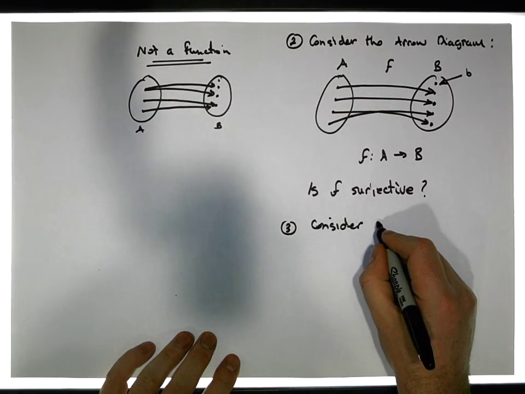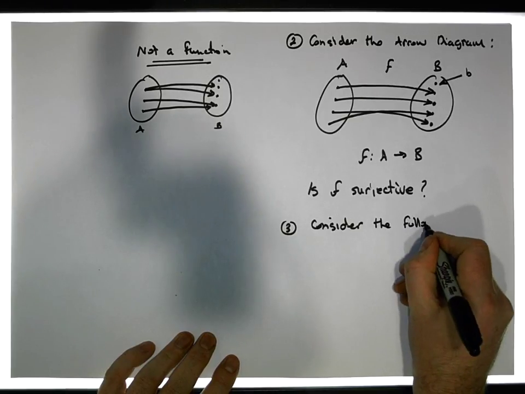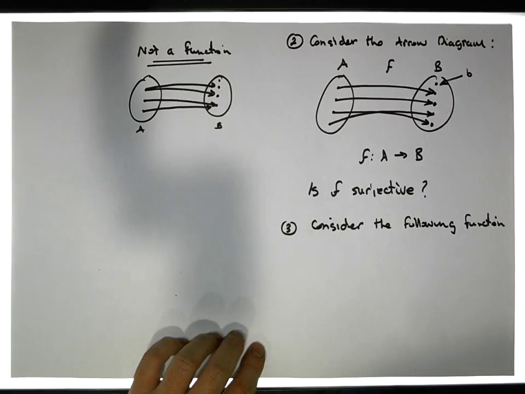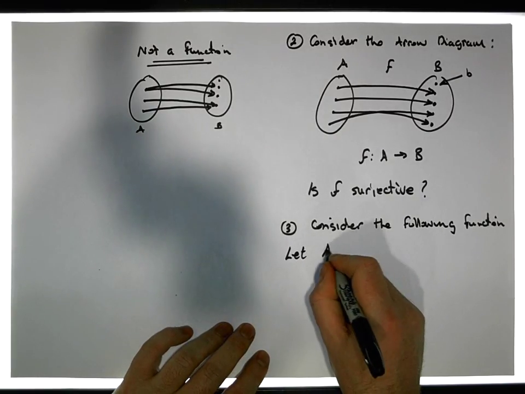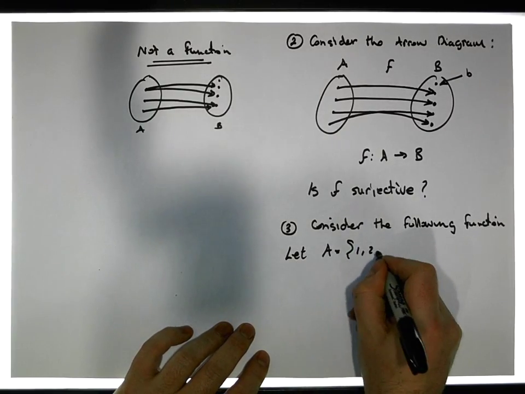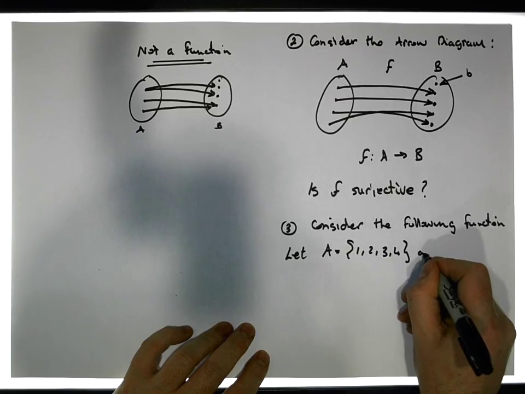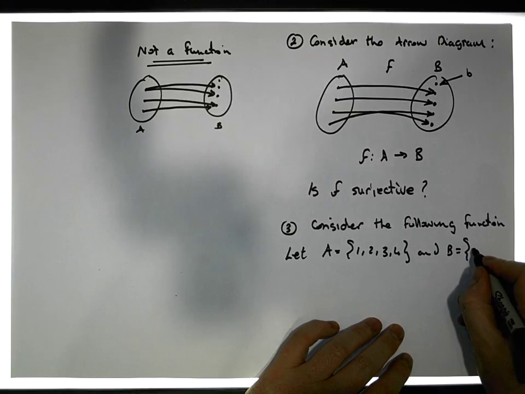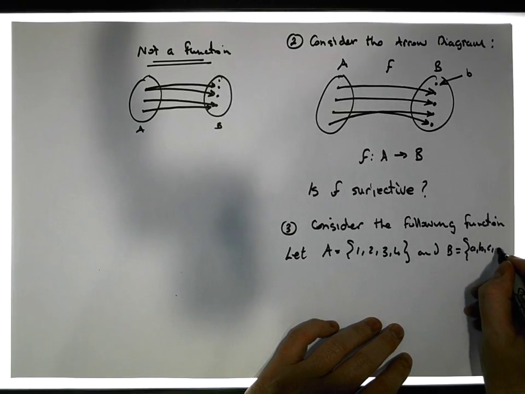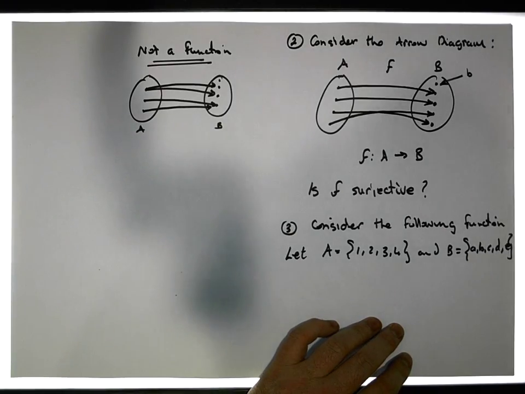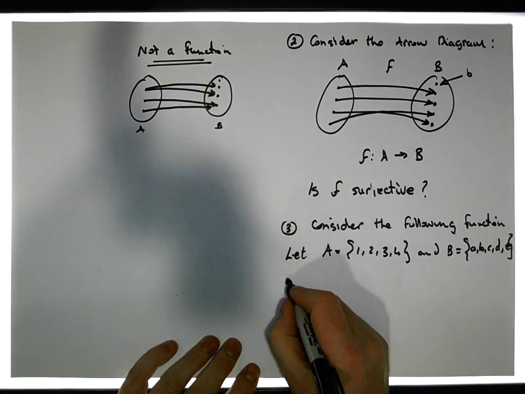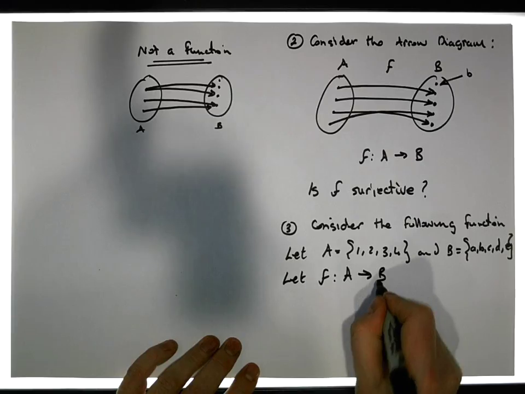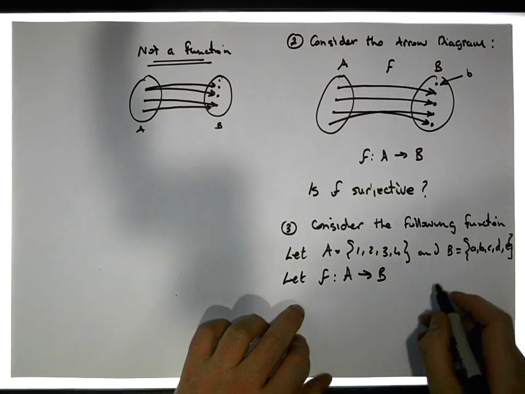Let's say, for argument's sake, that we let A equal the set 1, 2, 3, and 4, and B equal the set A, B, C, D, and E. And let f be a function that takes values in A into values in B.